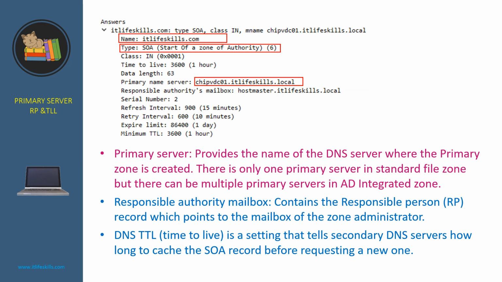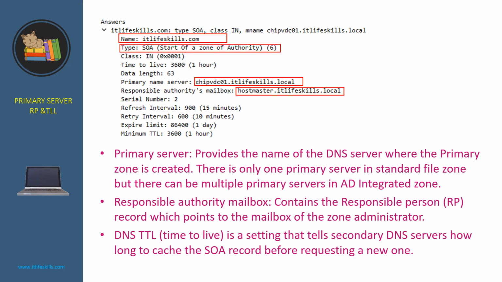The next field is the responsible authority mailbox. It contains the responsible person record, which points to the mailbox of the zone administrator. So in this record, hostmaster.itlifeskills.local will point to the zone administrator mailbox.